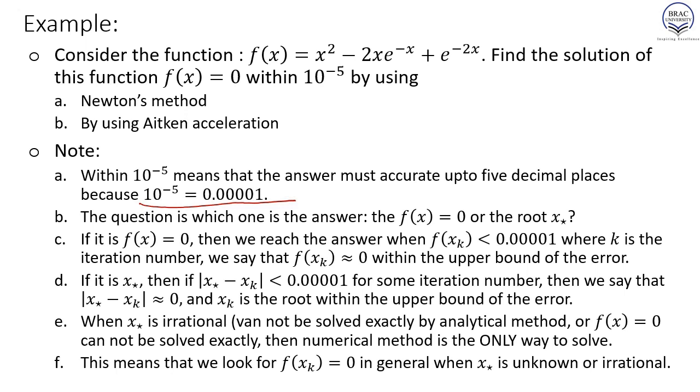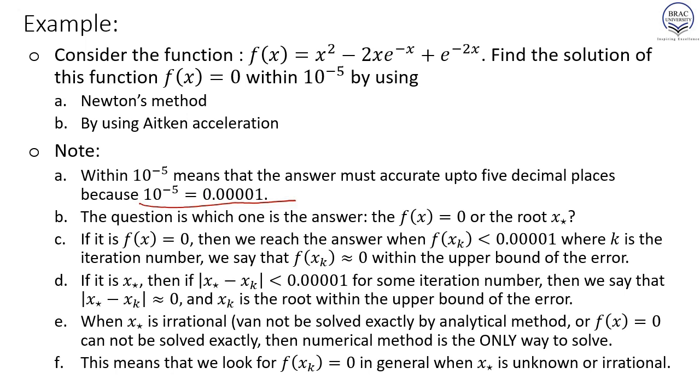Now, that is the one case, and if it is the root that we mean, then it will be the absolute value of x star minus xk, where xk is some iterated value. The difference between these two will be less than 0.00001. So that is actually the case we considered during our video lecture.